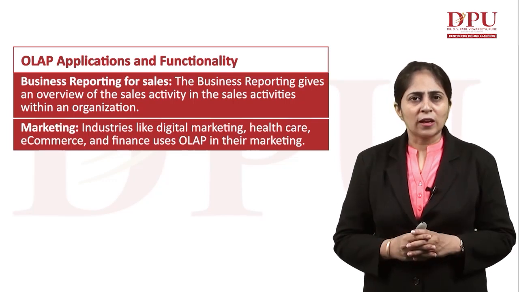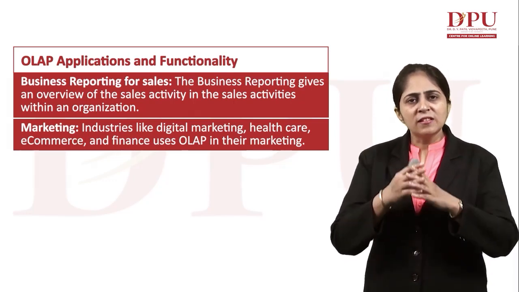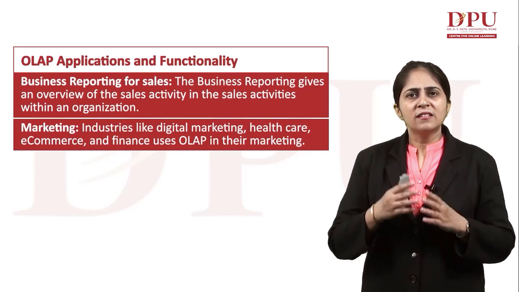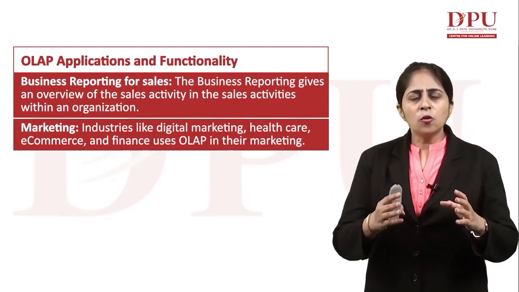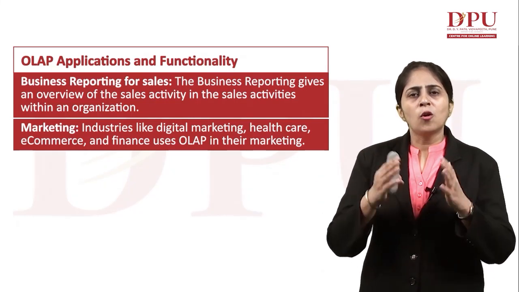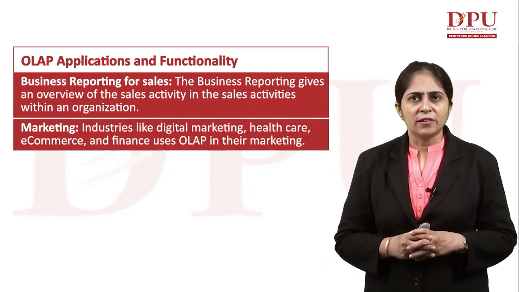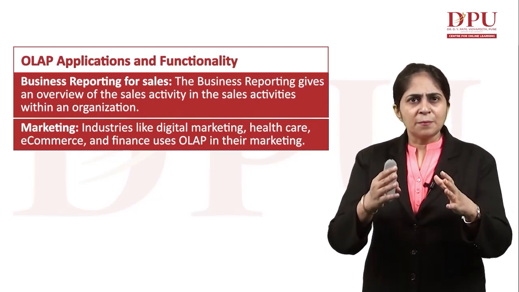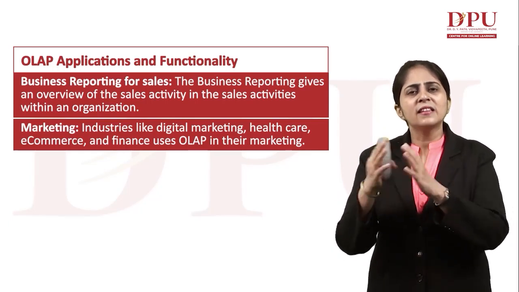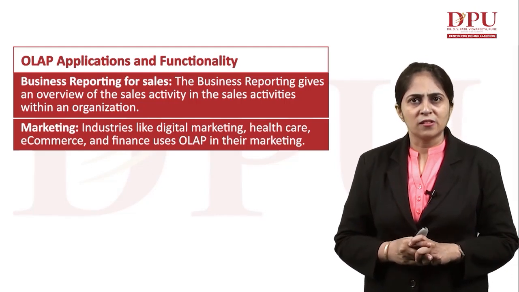Business reporting gives an overview of the sales activity within the organization. It shows the trends in sales over a certain time period. It also analyzes the different steps for sales and the sales executive performance.